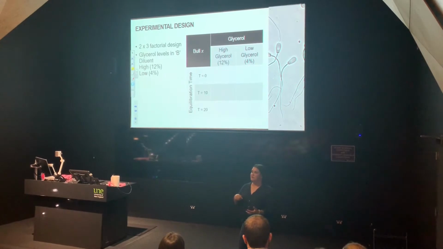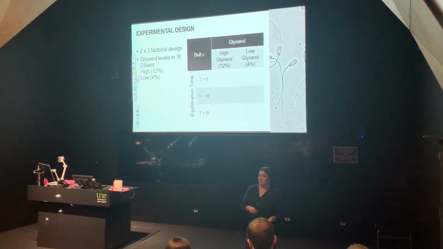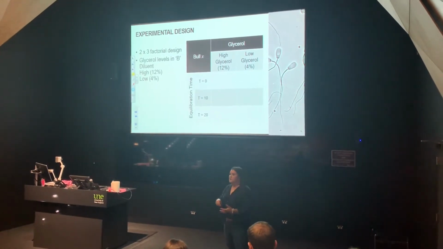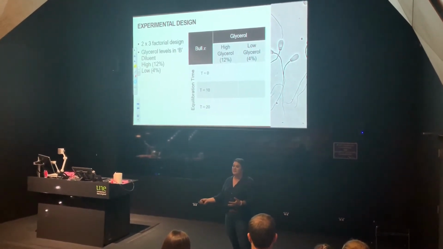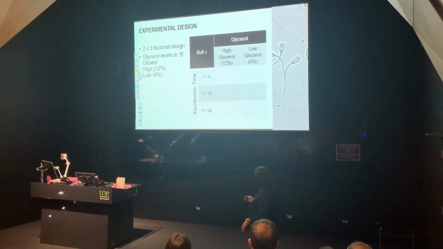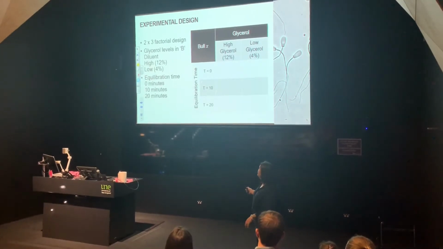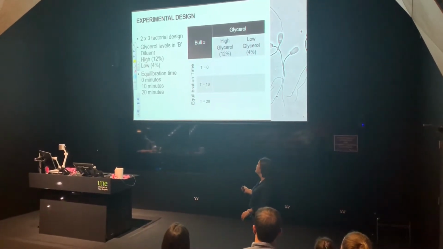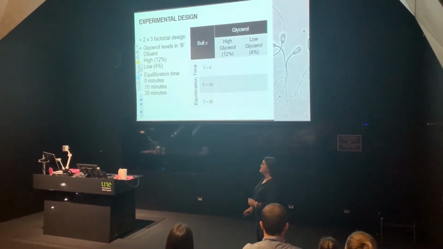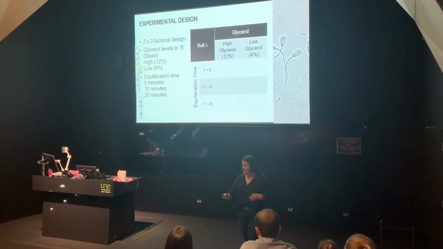I wanted to have a look at the 4% to see, while we're using lower levels of glycerol, whether letting it equilibrate for a longer period of time provides as effective protective mechanisms. At work we use a 10-minute interval for the equilibration time of adding our diluents, so I just went 10 minutes below to 0 and 10 minutes above to 20.